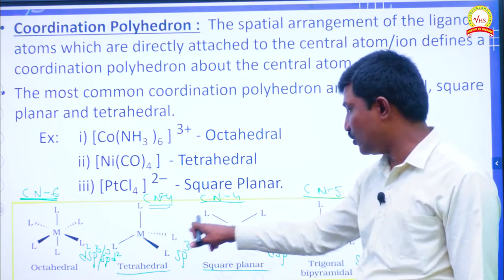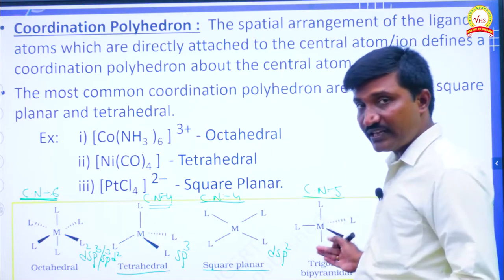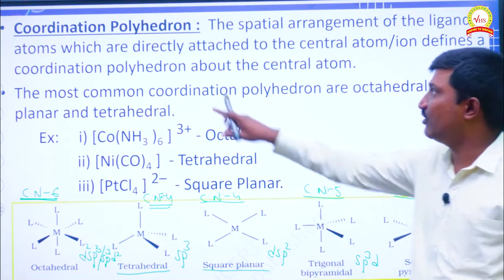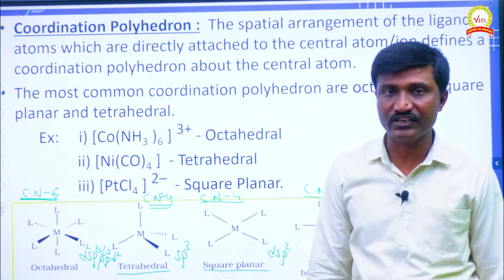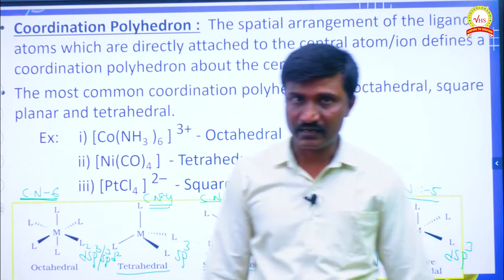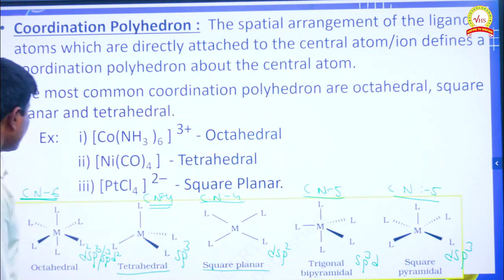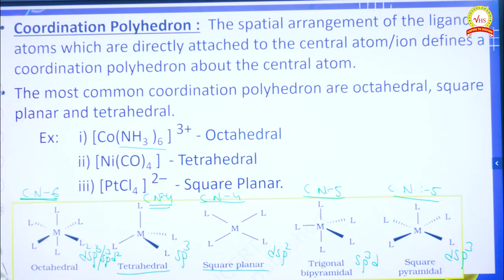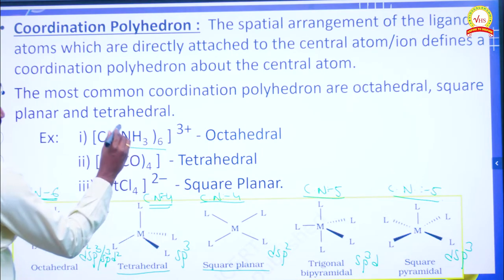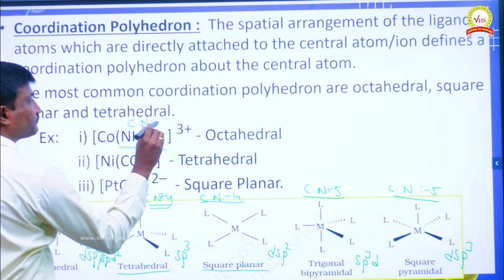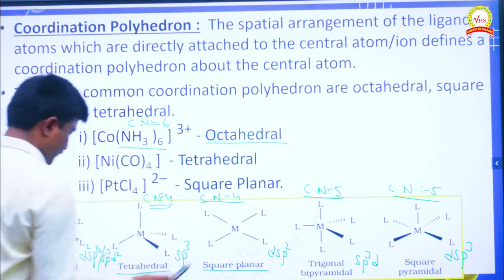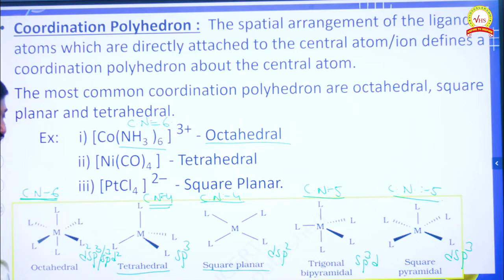That spatial orientation of the ligands when they bind with the central metal atom, we call the coordination polyhedron. For example, in this compound the coordination number is 6, so it should give octahedral shape.